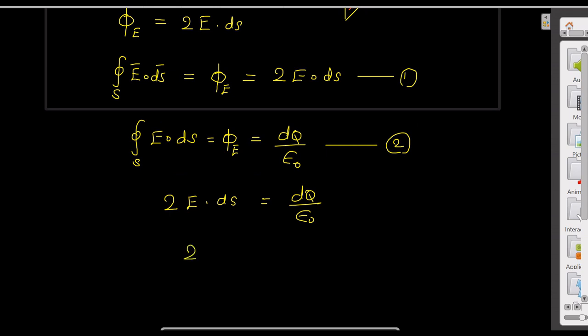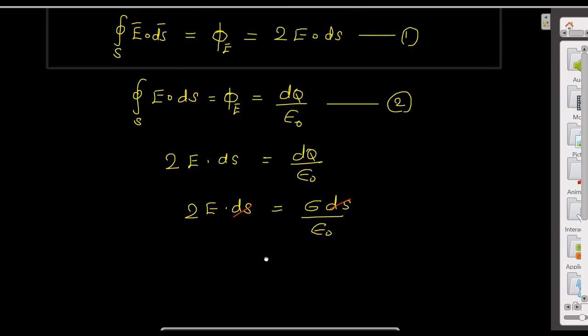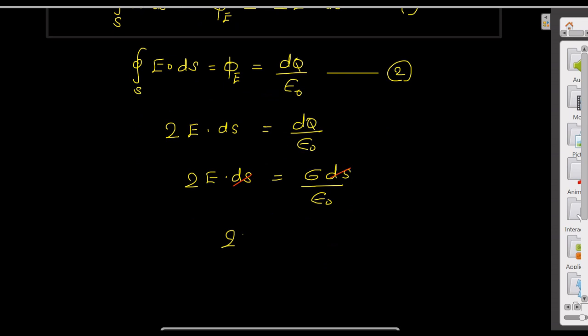Substituting, 2 E ds equal to sigma ds by epsilon naught, and ds get cancelled out. Hence we write 2 times E must be equal to sigma by epsilon naught, or we can write magnitude of electric field vector is equal to sigma divided by 2 epsilon naught.